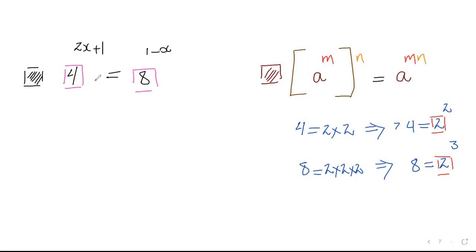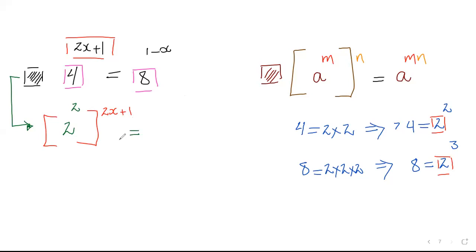Now, in order to solve this one, I'm going to write it here like that. Instead of 4, I'm going to write 2 to the power 2. However, I'm not going to forget about this exponent, which means that 2 to the power 2 is also raised to the exponent 2x plus 1. That's very important.